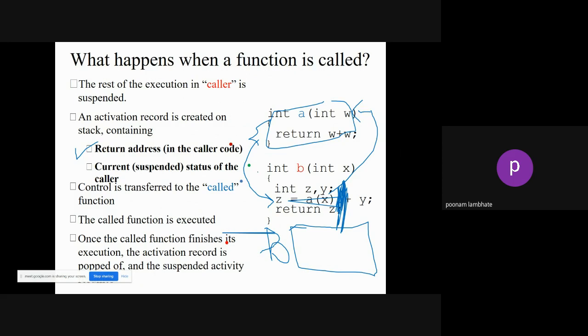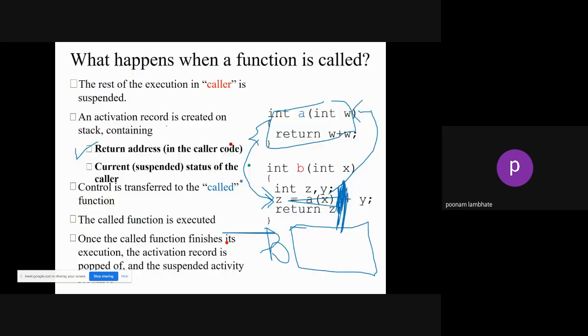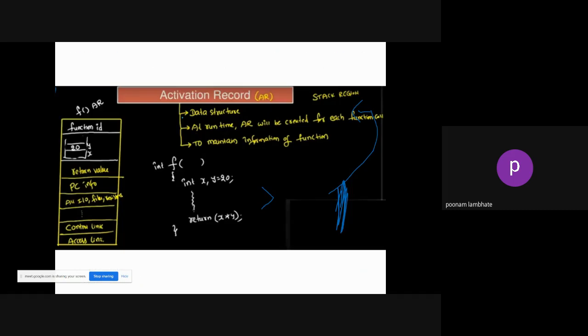And once you return back to the function B, the activation record will be popped off the stack. That means it will be removed from the stack. This happens in normal functions and also in recursive function calls. So what is an activation record? It is basically a type of data structure which uses a stack.